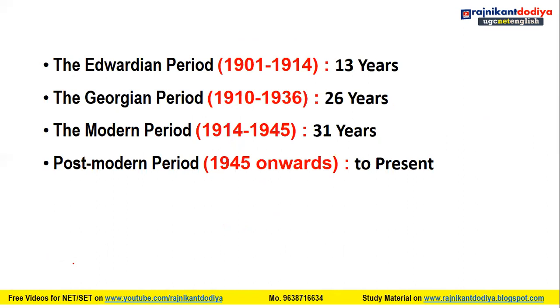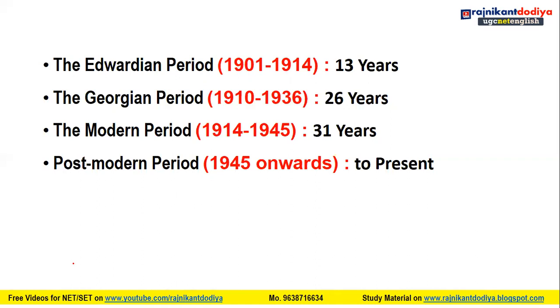So first of all, the Edwardian period. It was around 13 years. It began after the Victorian period in 1901 and continued to 1914. This was King Edward VII's period, after whose name this particular period is given the name Edwardian period.